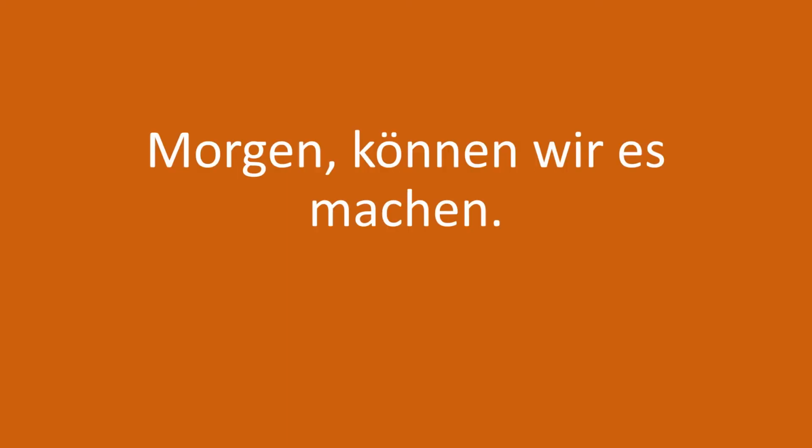How do you think we would say tomorrow we can do it? Keep in mind that the full verb for to do is machen. And remember how verbs are normally conjugated with wir und sie. Morgen können wir es machen.